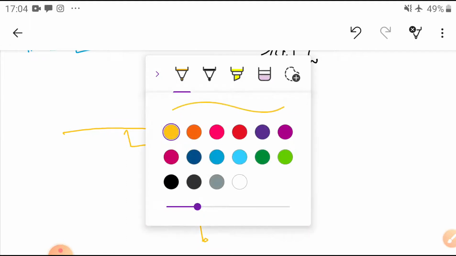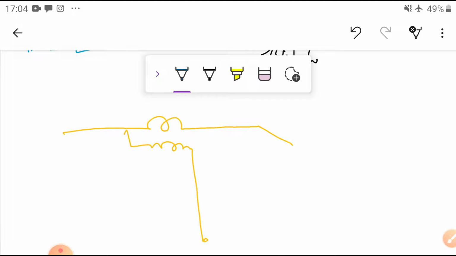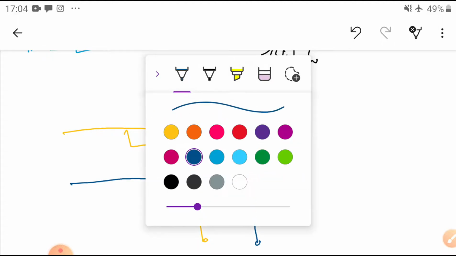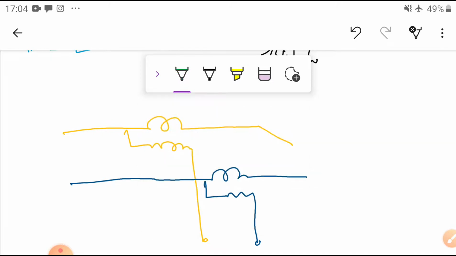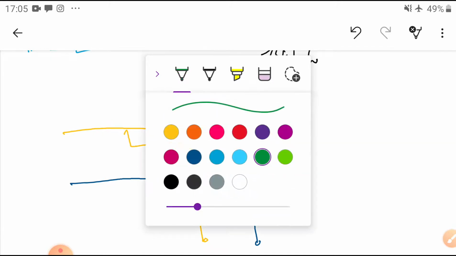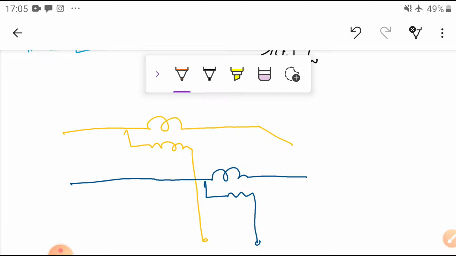Here we connected another phase, and this is connected to this one, and here there is no connection of anything.